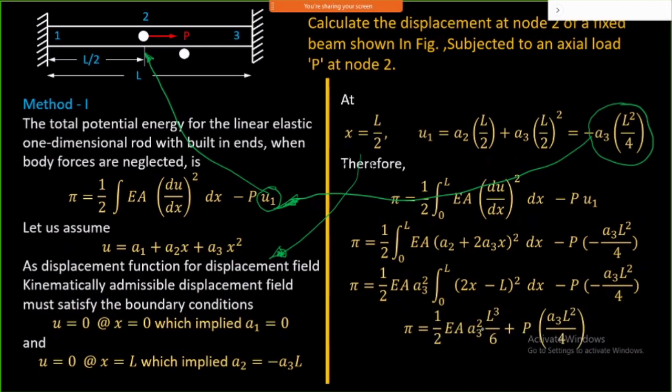That is half of EA a3 square L raised to 6 divided by 6 and all this. So this minus is the minus energy, because we are going to apply externally, and that energy is going to convert into potential energy. This is the potential energy stored in the bar.